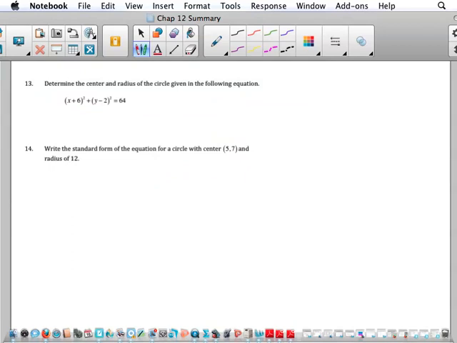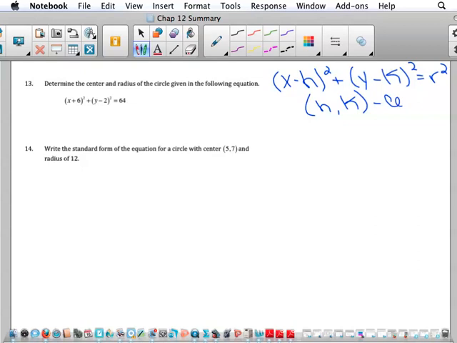Okay. Number 13, determine the center and radius of the circle given the following equation. Remember, standard form of the equation of a circle is x minus h squared plus y minus k squared equals r squared, where h and k are the center and r is the radius.